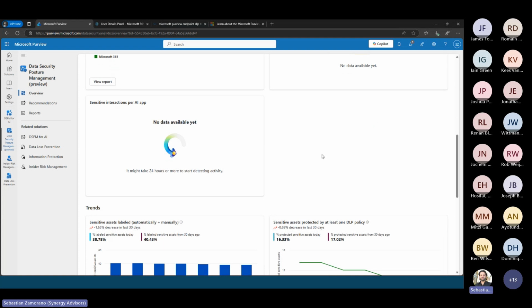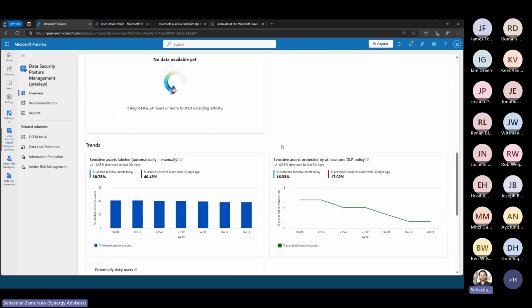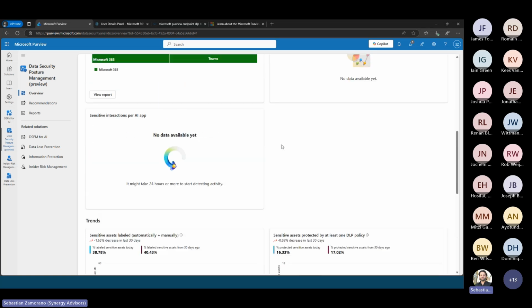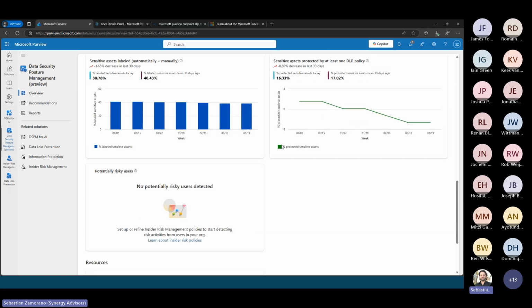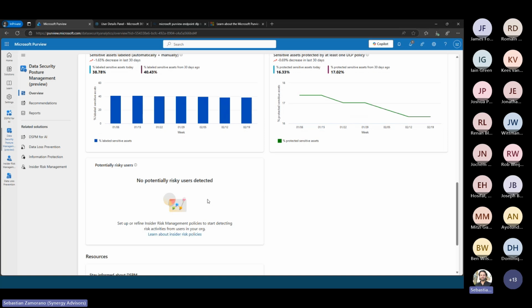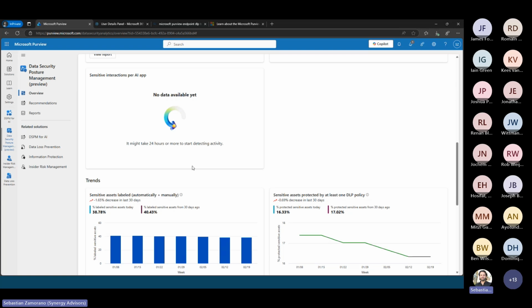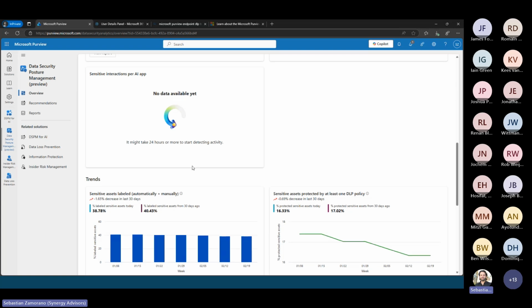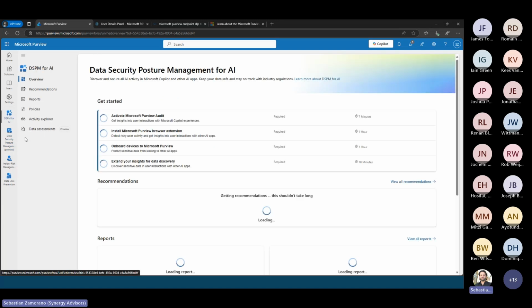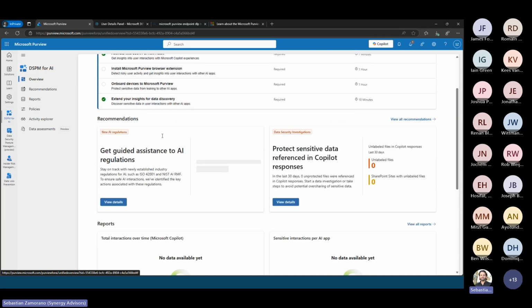That is very important. To start working and getting some information, there are some options that need to be turned on, and those can take a little more time. But let's go step by step. Let's go to DSPM for AI. As I mentioned previously, I have a previous session about DSPM for AI where I explained some of these.